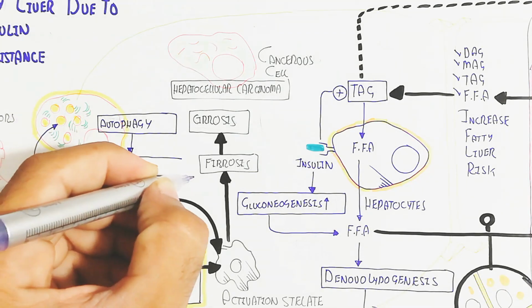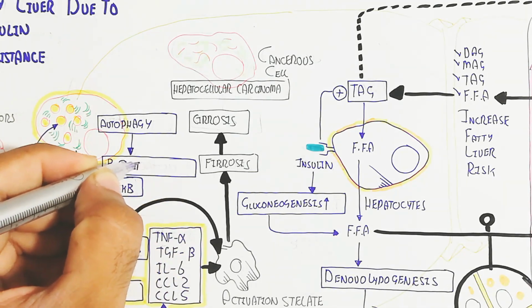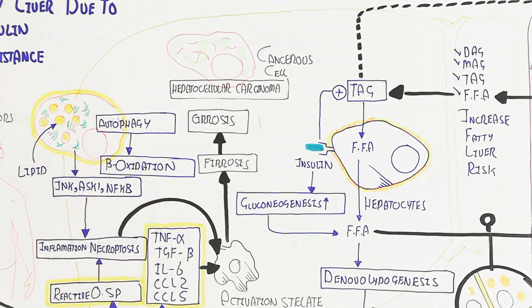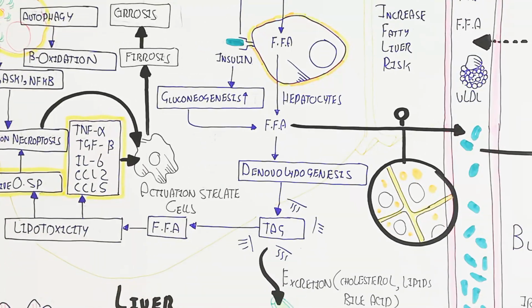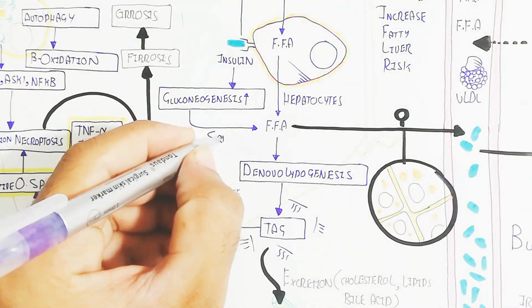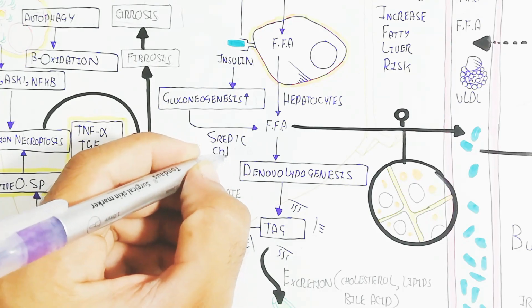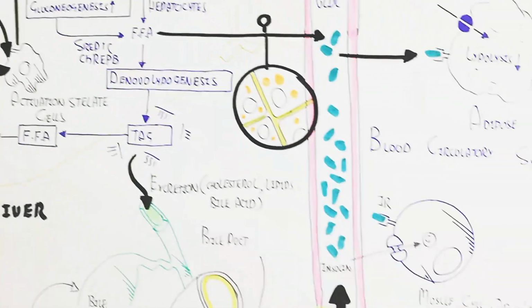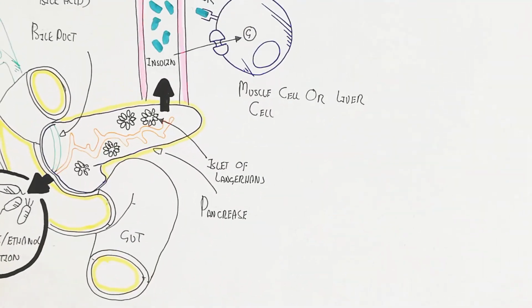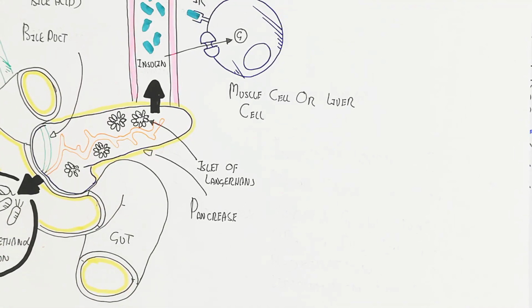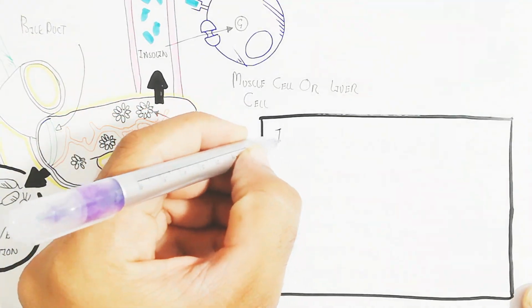Autophagy will lead to beta oxidation also, and JNK kinase, ASK1 and nuclear factor kappa B will cascade phosphorylation, leading to inflammation, and necroptosis will occur by this mechanism.